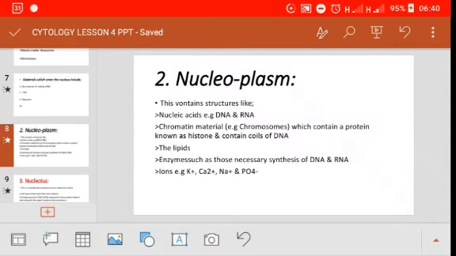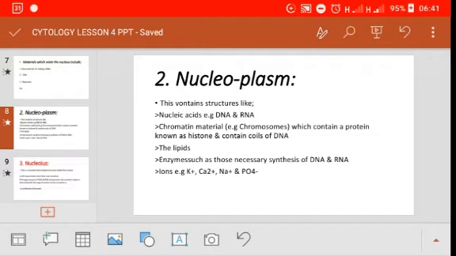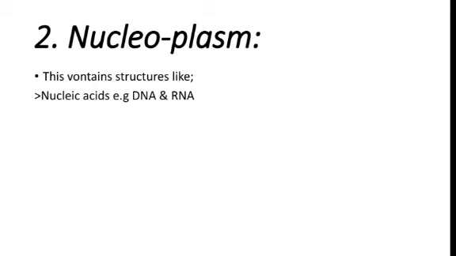What does it do? So now, the nucleoplasm, what it does, it contains very many structures, and these structures include nucleic acids, e.g., DNA and RNA. So as you have seen from the diagram, this nucleoplasm is the other fluid-like structure found within the nucleus.